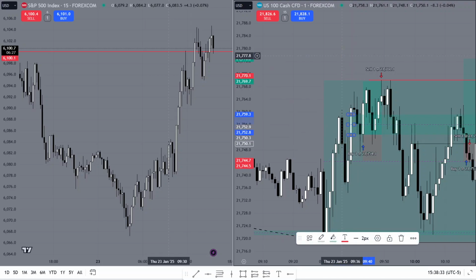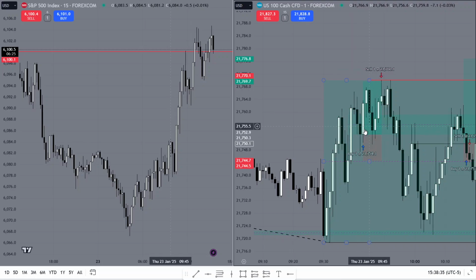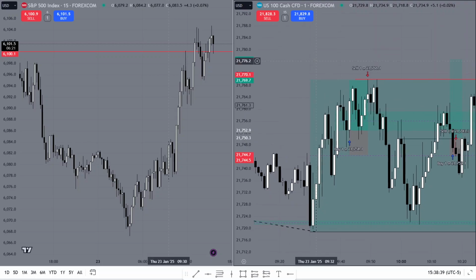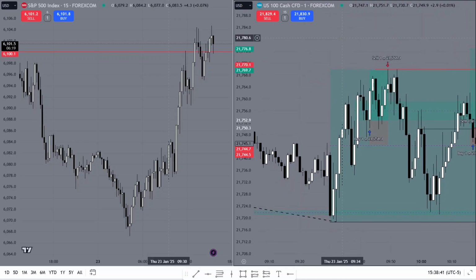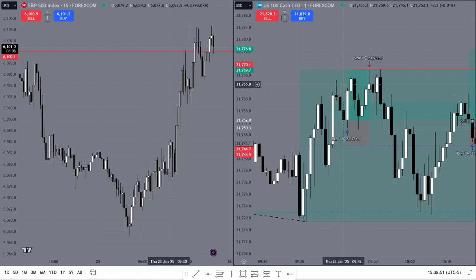You will normally see that this fair value gap is respected very much and is referred to by the algorithm a lot of times throughout the day. Now it was right here, and I saw that the candles.